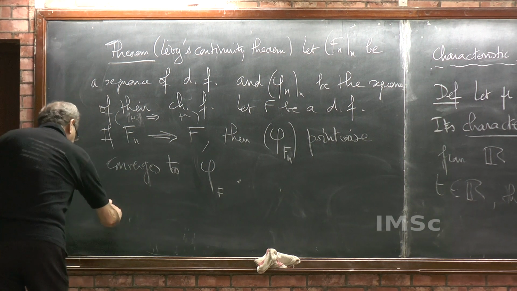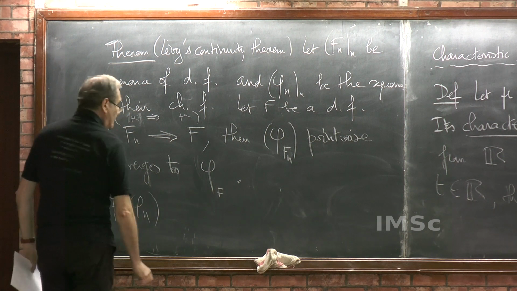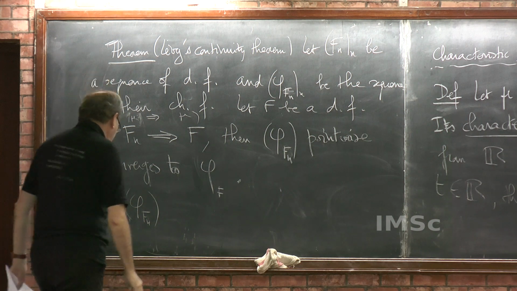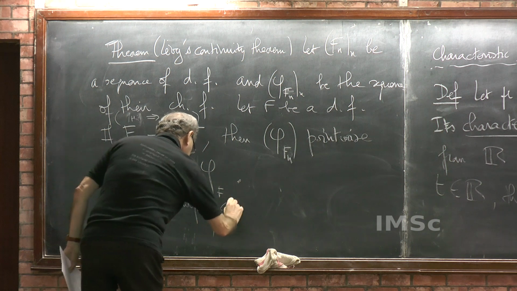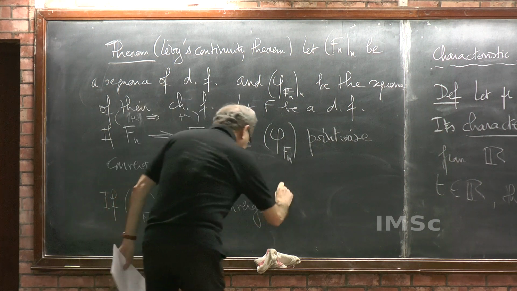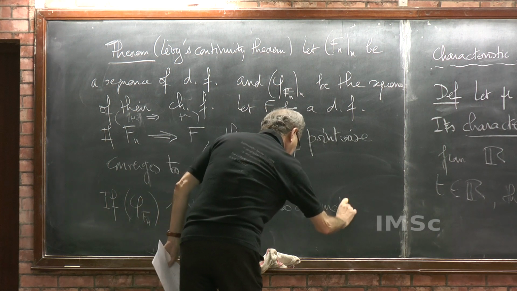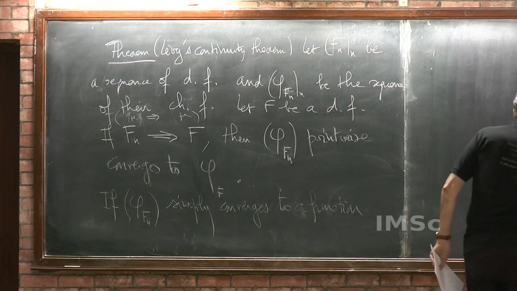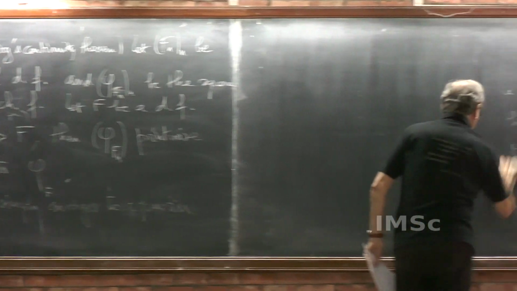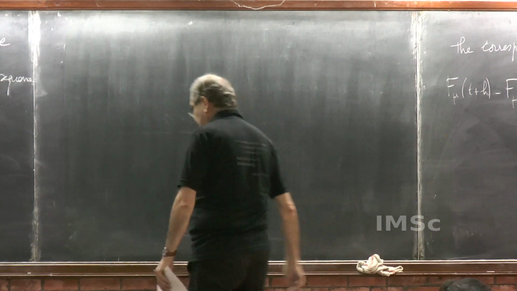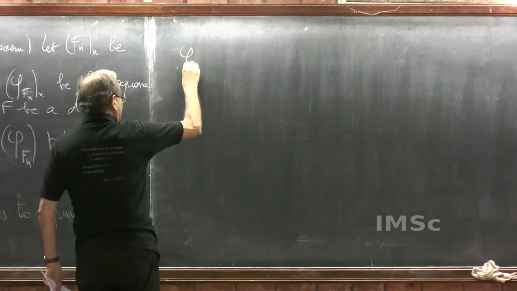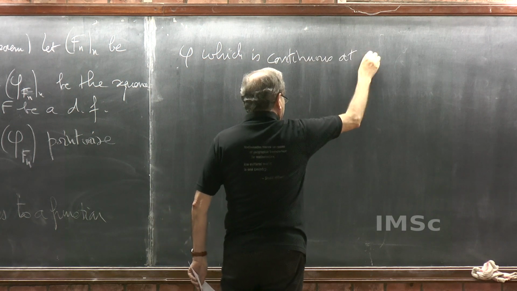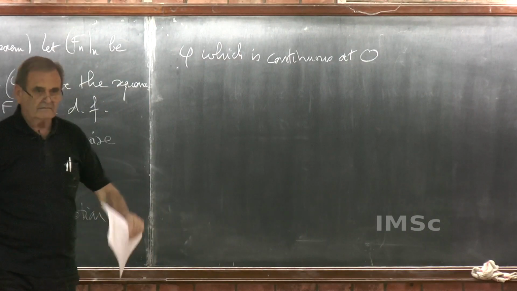The hard part is the following: if phi n, or phi fn as you wish, simply converges to a function, call it phi if you wish, but for the time being I don't say that it is a characteristic function, converges to a function phi which is continuous at 0, then you are on the good side.